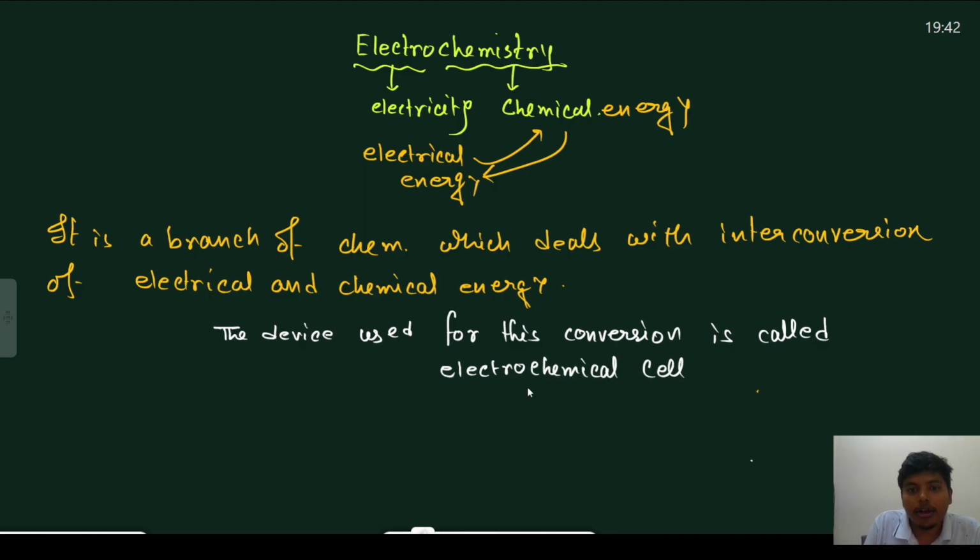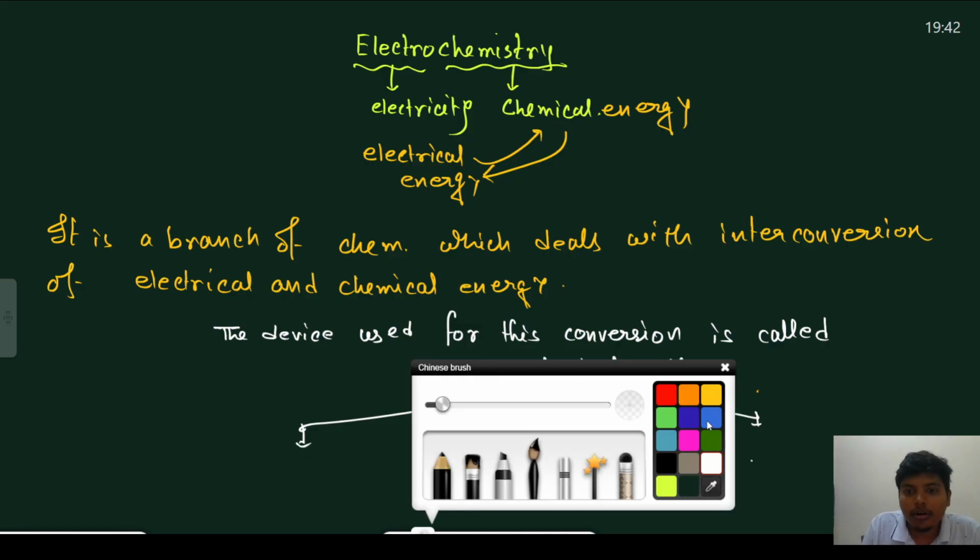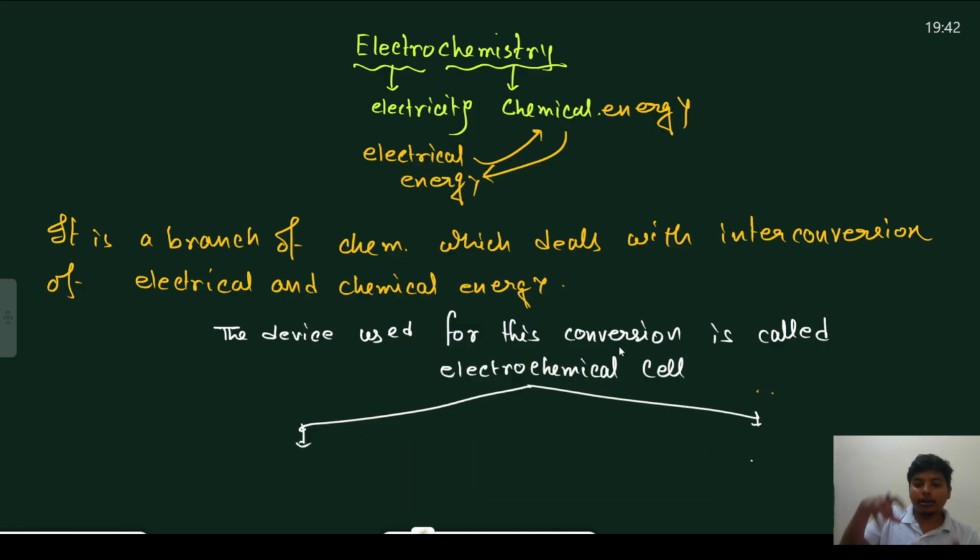Clear? The electrochemical cell is also of two types. Why two types? Because one device will convert chemical energy to electrical energy, and another device will convert electrical energy to chemical energy.